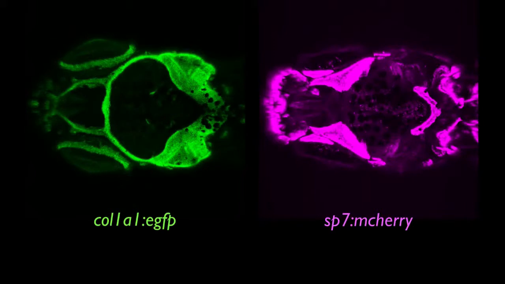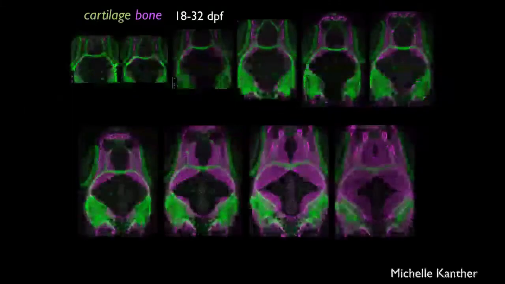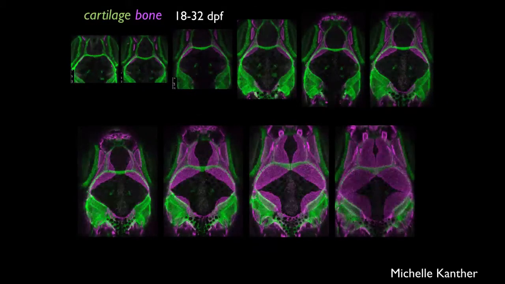Our imaging has relied on low magnification confocal microscopy, and we've largely used these two transgenic lines that mark respectively cartilage and bone throughout growth and into the adult. Because we're imaging live fish, we can watch the dynamic processes of skull formation as illustrated here.